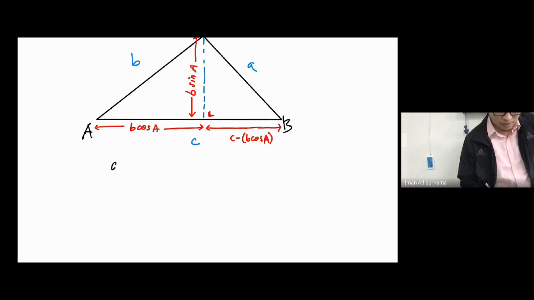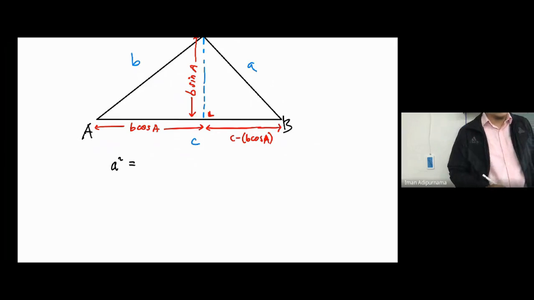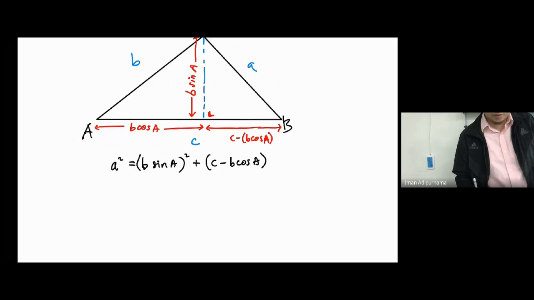Let me write a squared is equal to b squared plus, c minus b cosine A, squared, plus b sine A squared.